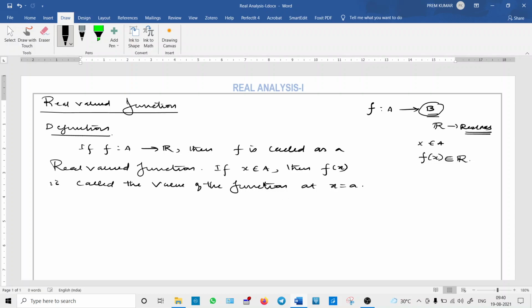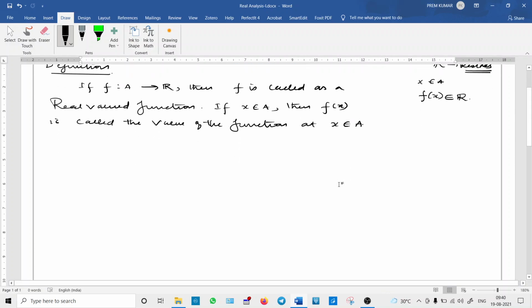Sorry, x belonging to A. So this is the basic definition of a real valued function.